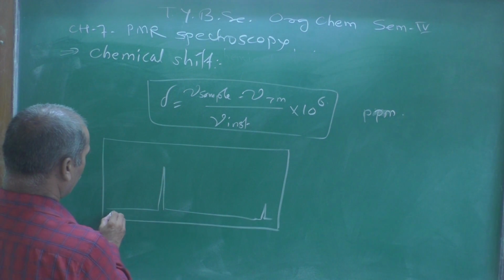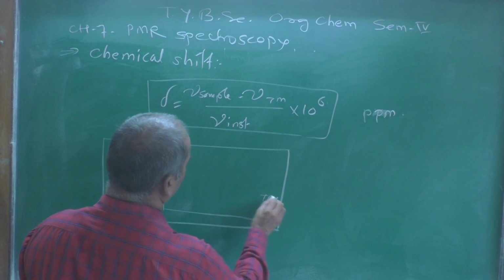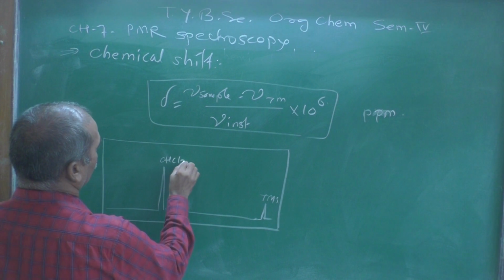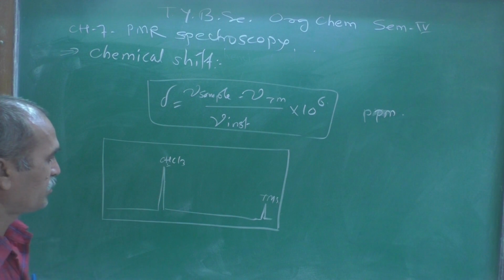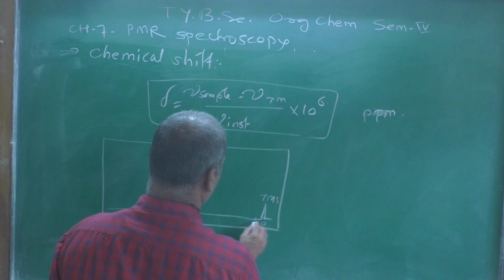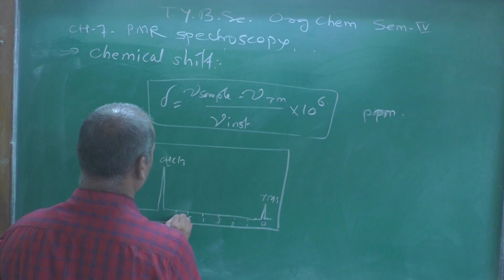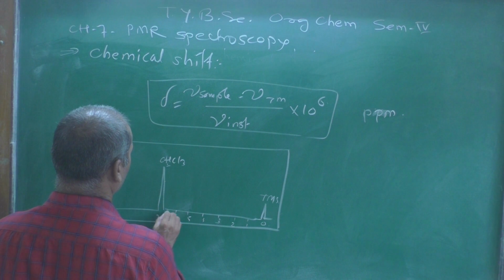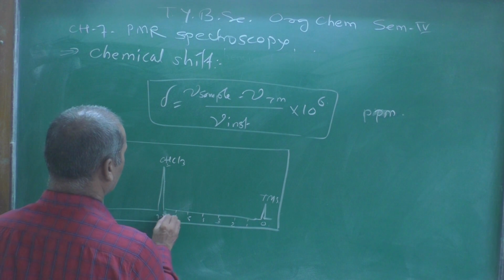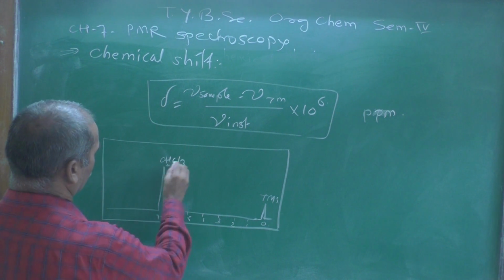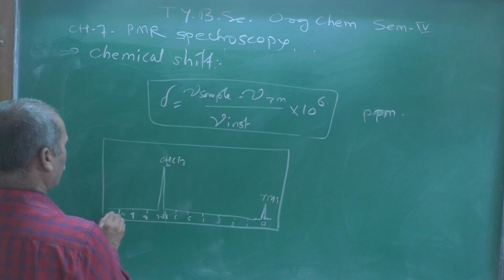On the scale, this is the peak due to TMS, and this is the peak due to chloroform, produced by its hydrogen atom. The scale is 0, then 1, 2, 3, 4, 5, 6, and here about 7.28, then 8, 9, and 10.